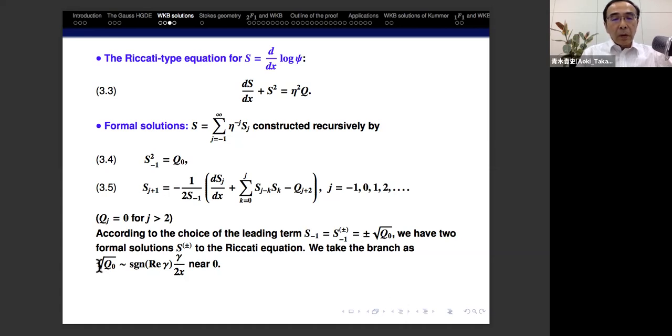We take the branch of square root Q naught like this near the origin. And if you choose minus square root Q naught, then you have S minus. According to this plus minus sign, you obtain two formal solutions of the Riccati equation.